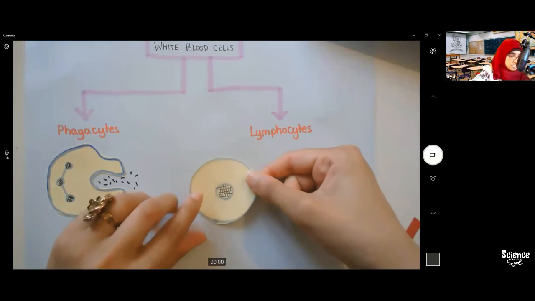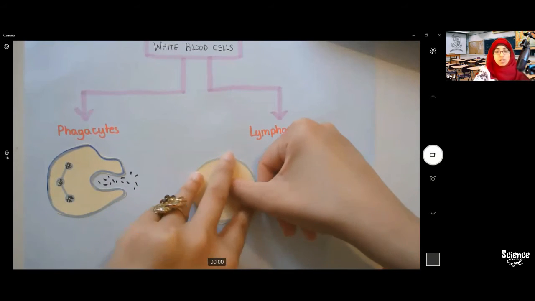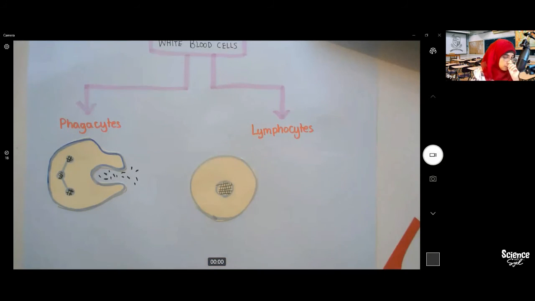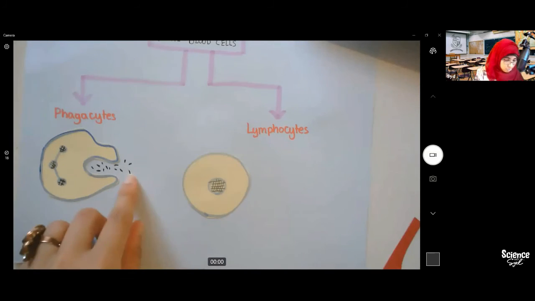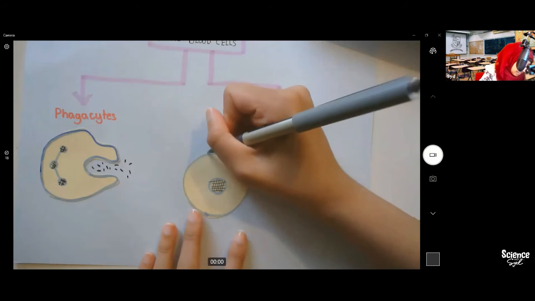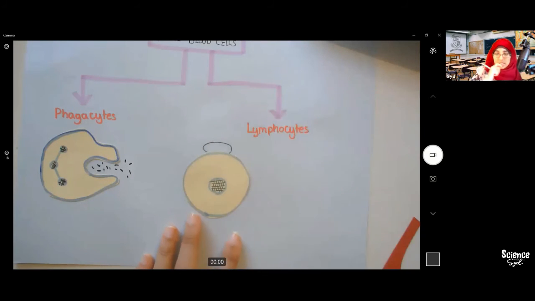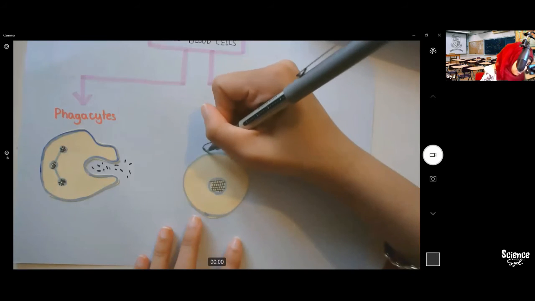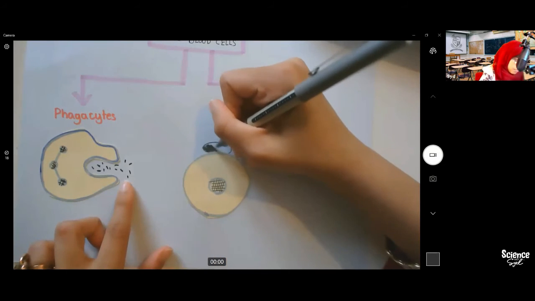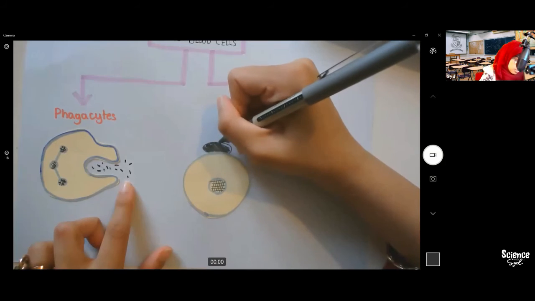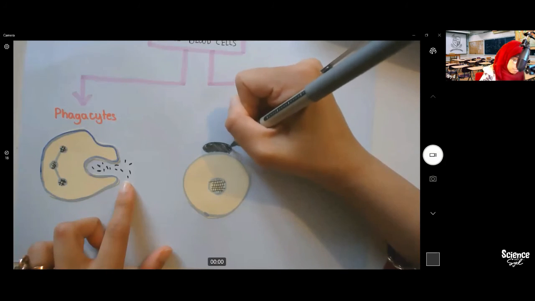So remember, we said that each microorganism has a unique molecule. That unique molecule that it has is called an antigen. Okay, so I'm going to draw this really big, and it has tried to attack this cell. So I'm going to color it in black like I had these ones, but I'm going to give it some spikes. So we're going to draw some spikes all the way around it.